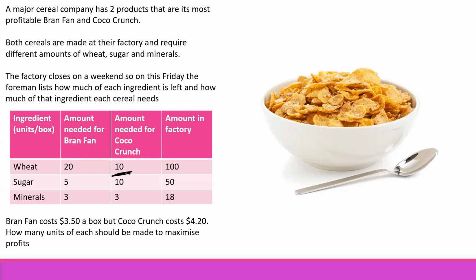You do need a lot of sugar though, and we don't have that much sugar, so it's going to be an interesting toss-up. But it won't matter if a box of Cocoa Crunch costs $20 and a box of Bran Fan costs $1, then it makes sense to make Cocoa Crunch, because even though you might not make as much, it's worth more. So we need to know how much each of these costs.